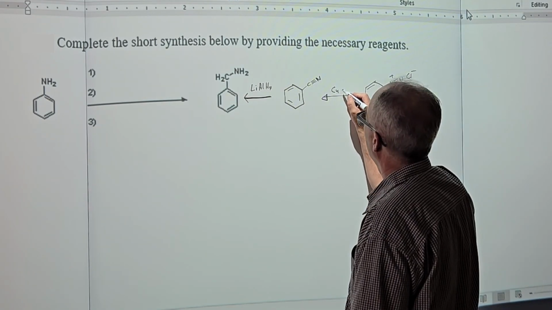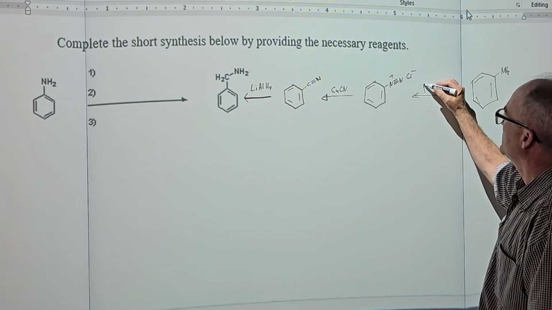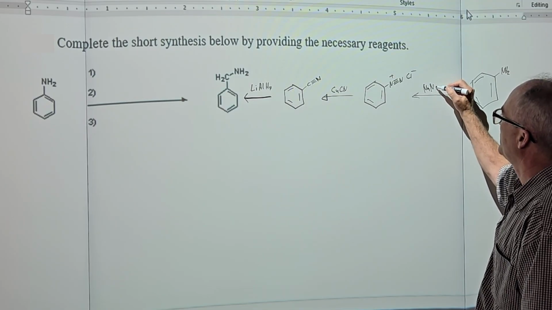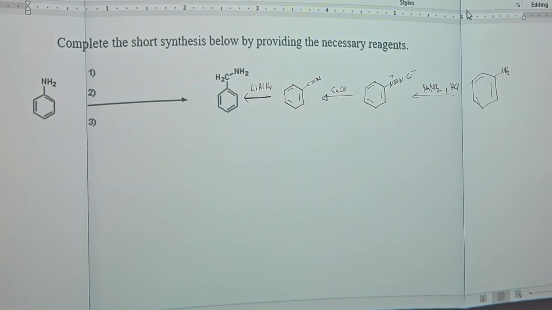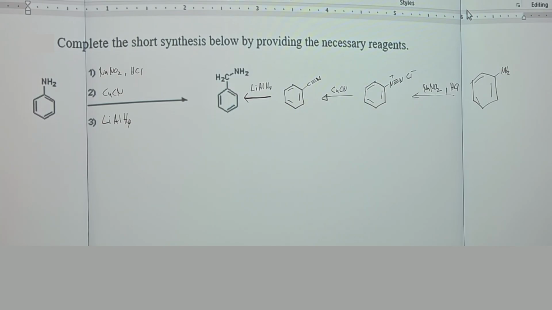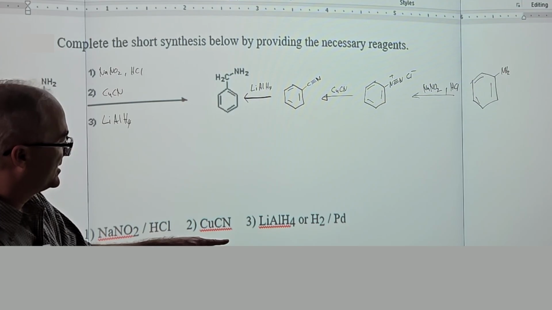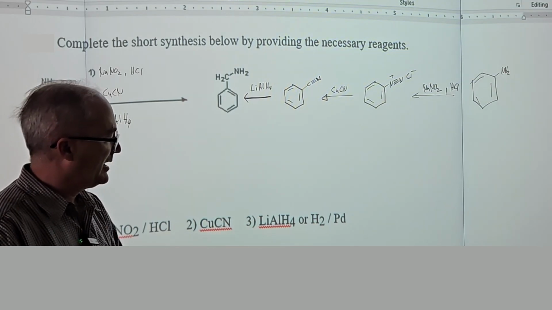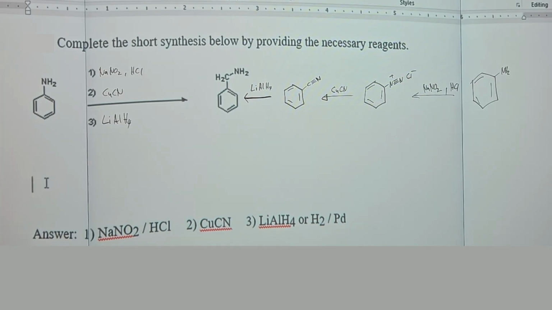And so here we'd want our cuprous cyanide. So here we'd want our sodium nitrite with our HCl. All right, now that we got all that figured out, see how we did. Sodium nitrite and HCl, cuprous cyanide, lithium aluminum hydride, or catalytic hydrogenation. Difficulty of 3. I haven't seen any 4s. They go through 1 through 3.